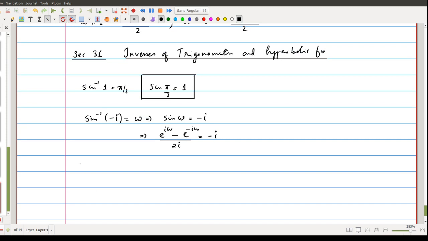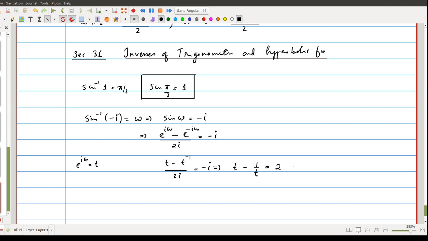Now we put e to the power i omega equal to some t. Then this equation becomes t minus t to the power minus 1 divided by 2i is equal to minus i. Consequently, we have t minus 1 by t equal to, by transposing this 2i to the right hand side, 2 times i times minus i.